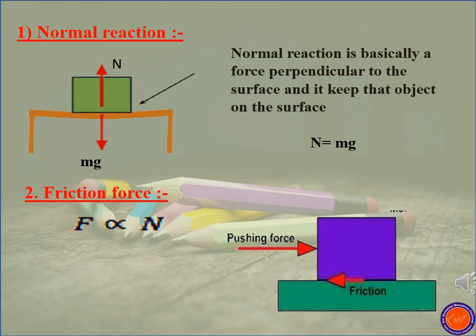F is directly proportional to N. Here F means friction and N means normal reaction. Next, F is equal to mu N. Here F is the frictional force, mu is the coefficient of friction, and N is the normal force. Put the value of normal force, we get F is equal to mu mg.